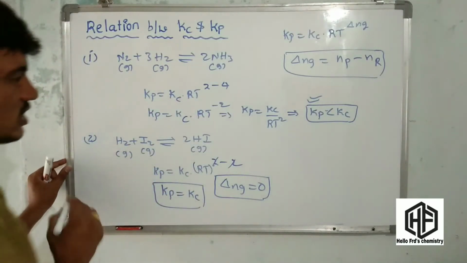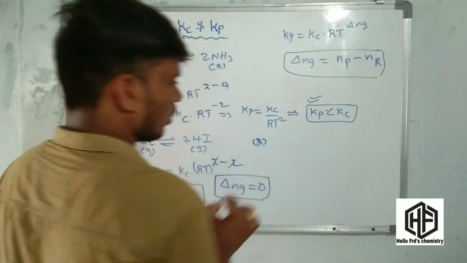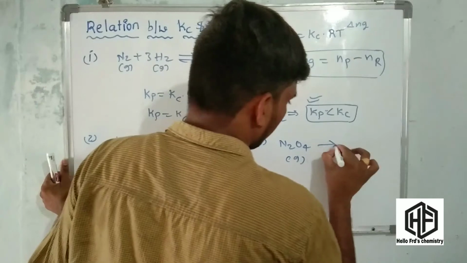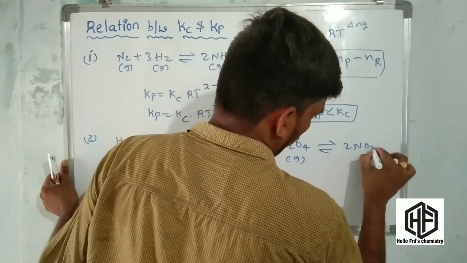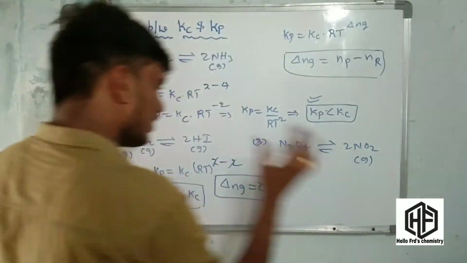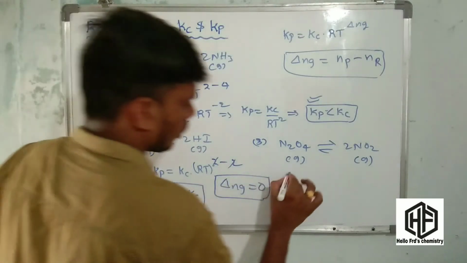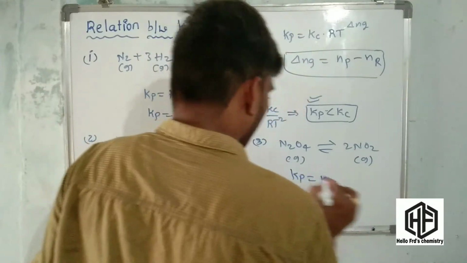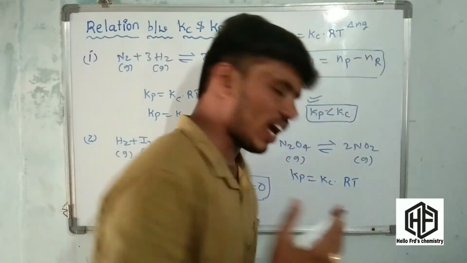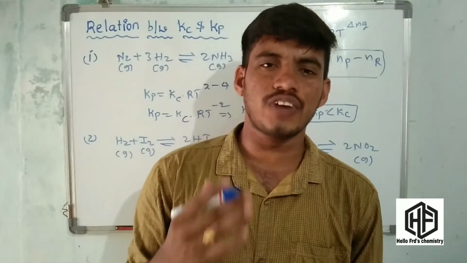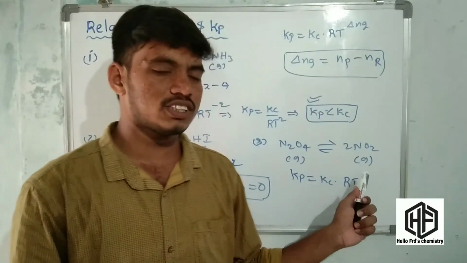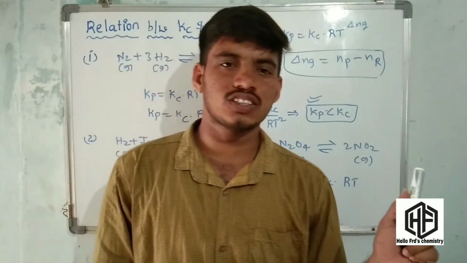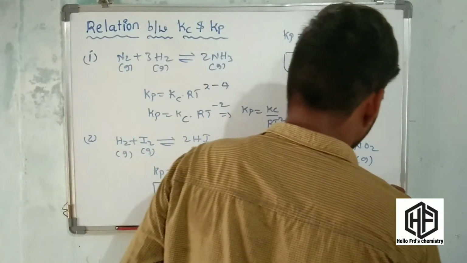This is the second example, and the third example is N2O4 gas gives 2NO2 gas. Now in this case, Kp equals Kc into RT power of the number of gaseous molecules of products minus the number of gaseous molecules of reactants. In this expression, the number of gaseous molecules of products is 2 and of reactants is 1, so 2 minus 1.